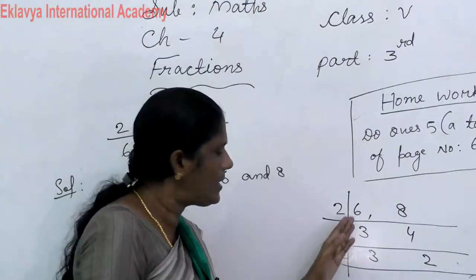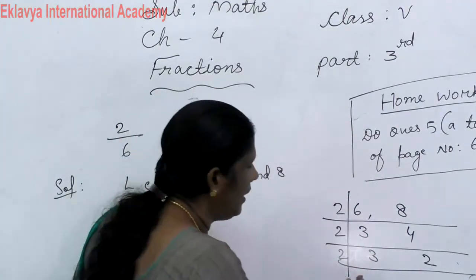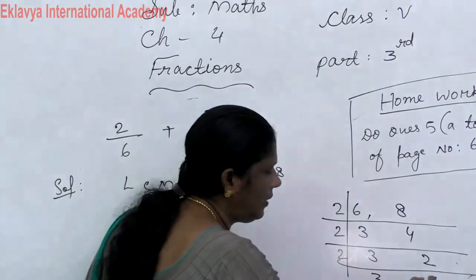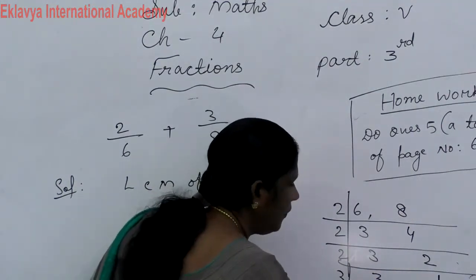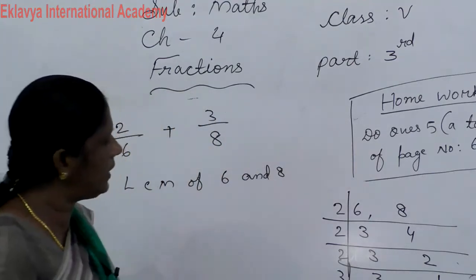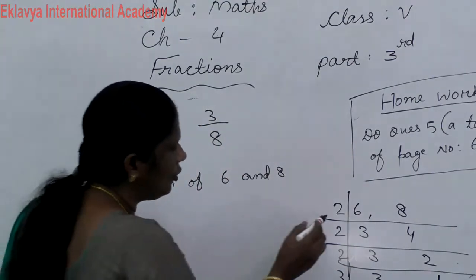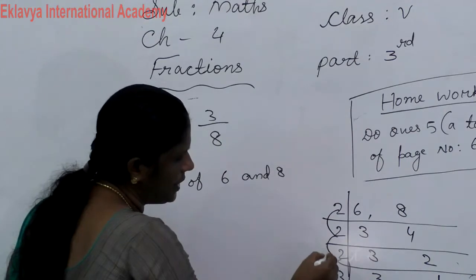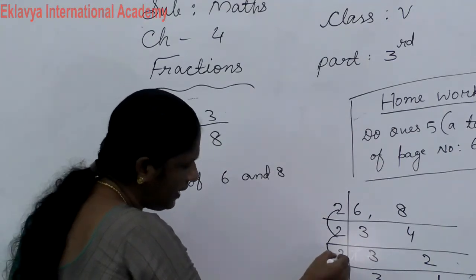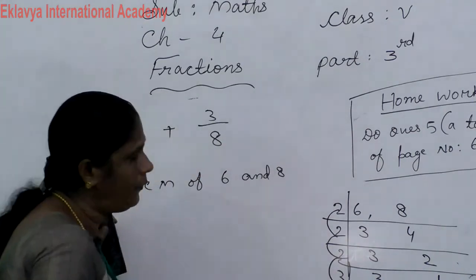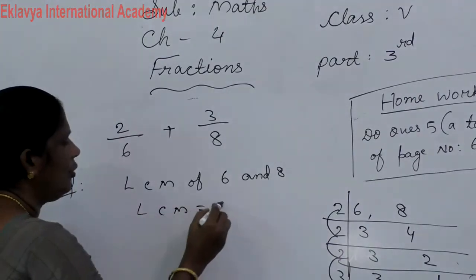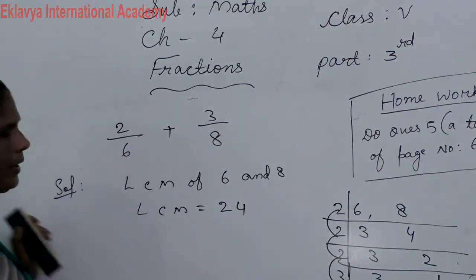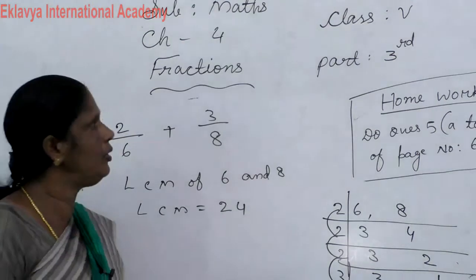No. As it is you write here 3, and 1. Then next 3, 1, 1. What is our LCM? 2 twos are 4, 4 twos are 8, 8 threes are 24. LCM is equal to 24.